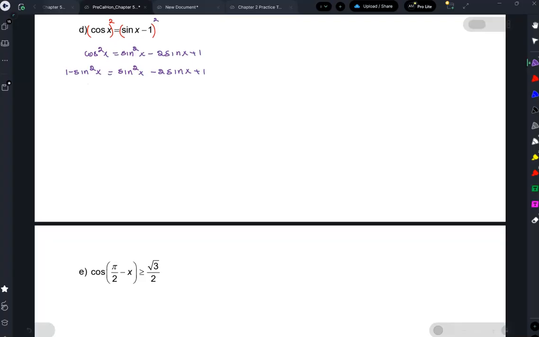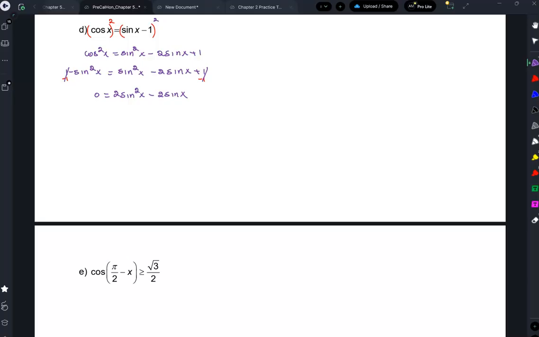So now let's move everything to the same side. The ones will go away. And then this is 0 equal to, when I add sine squared x, 2 sine squared x minus 2 sine x. Okay?